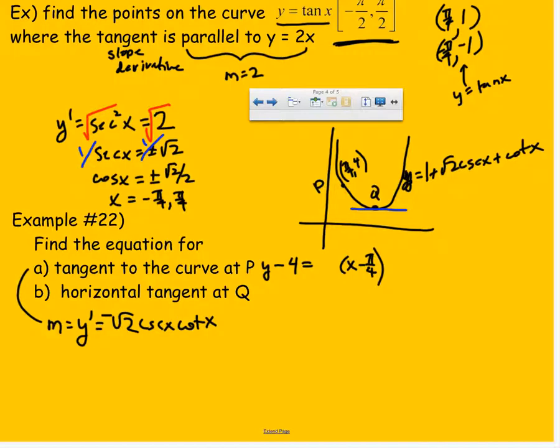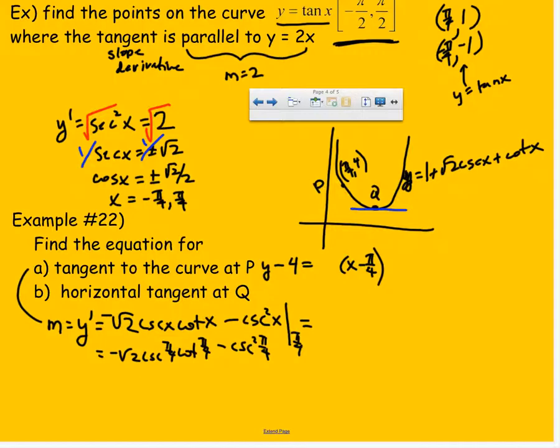And now the derivative of cotangent is negative cosecant squared. All right, so there's the derivative, and we want to find the derivative at pi/4. So let's see if I can put all this in here. Negative square root of 2 cosecant of pi/4 cotangent of pi/4 minus cosecant squared of pi/4.